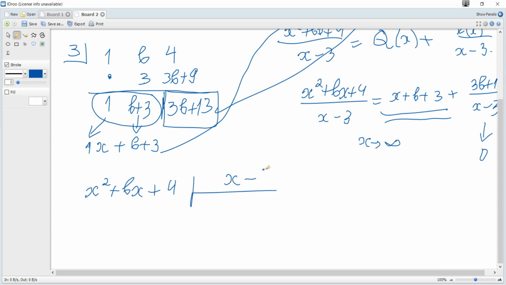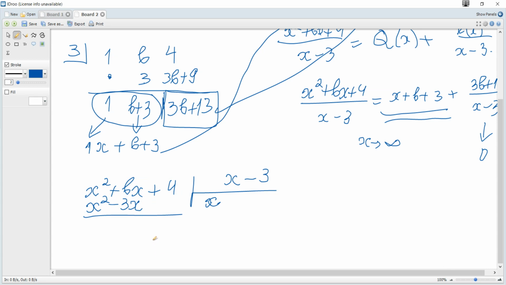over x minus 3. So I choose such a value that if it is multiplied by x, I should get the greatest power here. So it's x multiplied by x minus 3, it's x squared minus 3x, and this row minus this row.